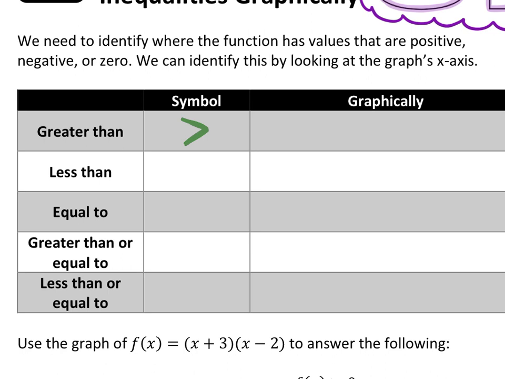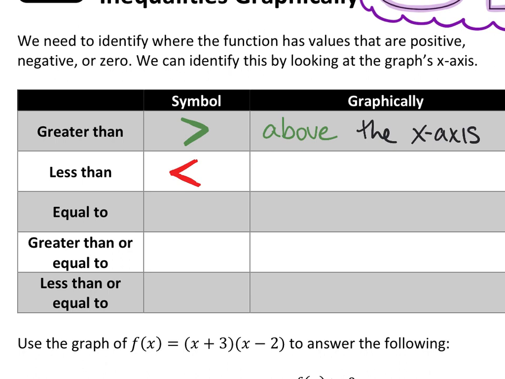Graphically, what that means is we are looking for where the equation is simply above or greater than the x-axis. So above the x-axis, because greater is above. Makes sense. Okay, great. What does the less than symbol look like? Left hand or right hand? Left hand. Left hand is less than.